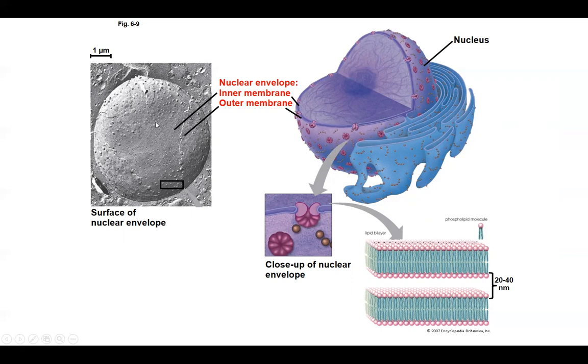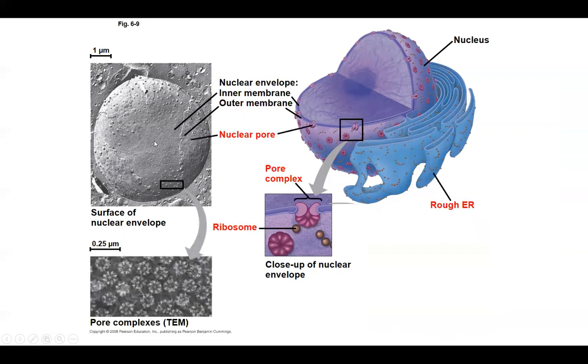This is a microscopy image of the surface of the nuclear envelope. This is really interesting. They've used a technique where you see the boundary at this outer edge. It still has the outer membrane, and they've peeled that away in the center so that you can see the inner membrane. So this is a pretty distinct structure.